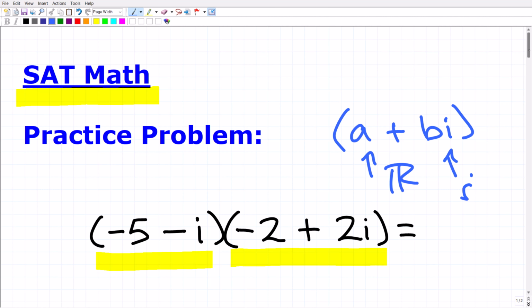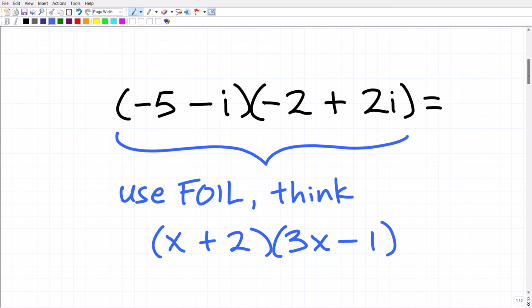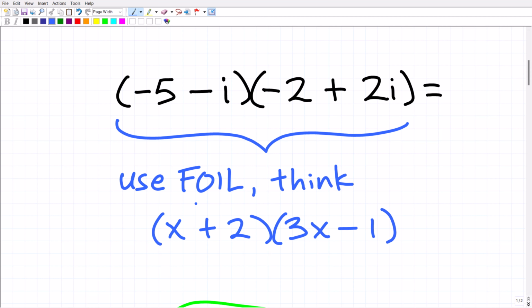So what do we need to do? Well, you need to be thinking about basic algebra. And in Algebra 1, you learn something called FOIL. And that's just a little acronym that helps us remember how to multiply two binomials. So for example, if we had the problem x plus 2 times 3x minus 1, well, you can use something like FOIL, and that stands for first, outer, inner, last.